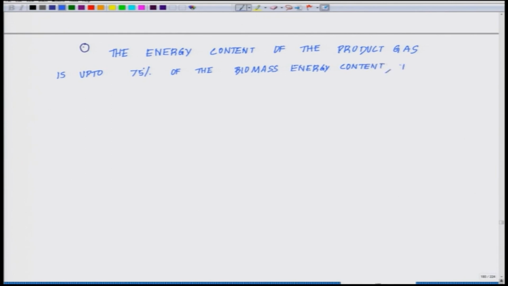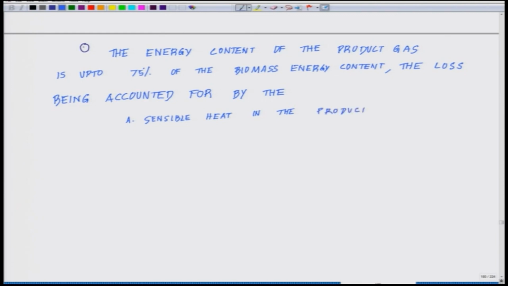The loss being accounted for. So, where are we having the loss? The loss being accounted for by the sensible heat in the product gas, one way.